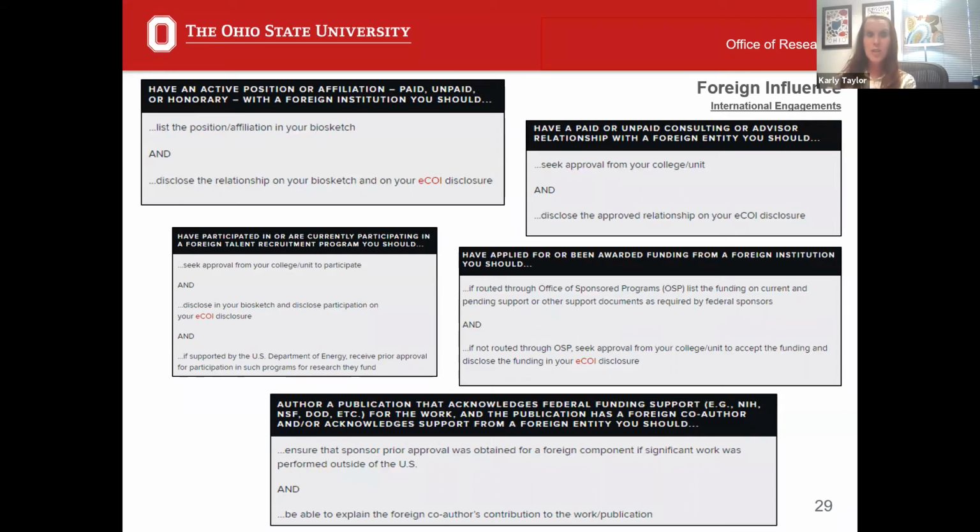And if so, make sure that you got permission for a foreign component, or make sure that you can justify what the person's role on this project was.